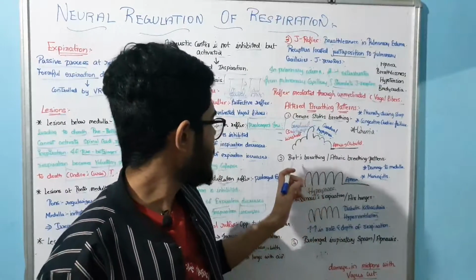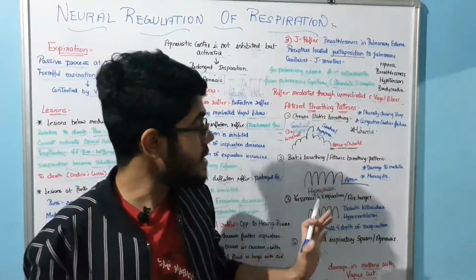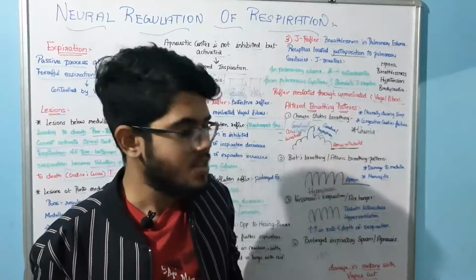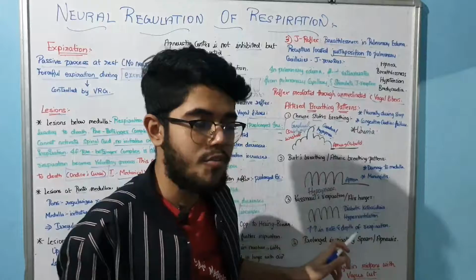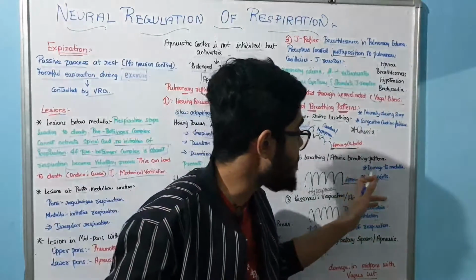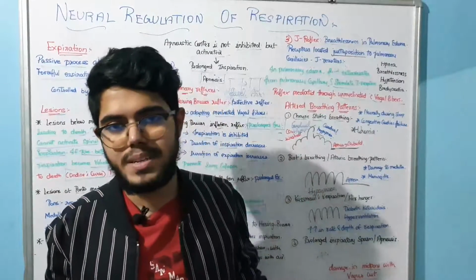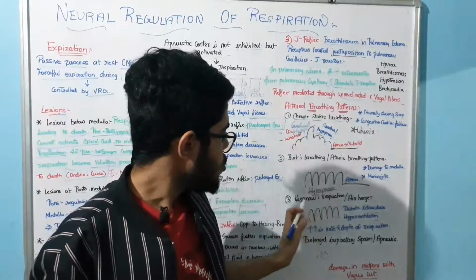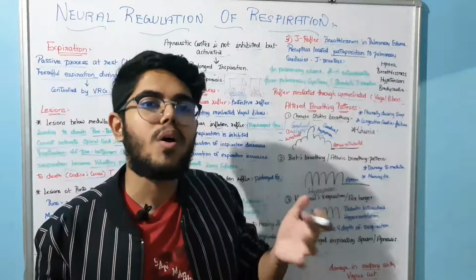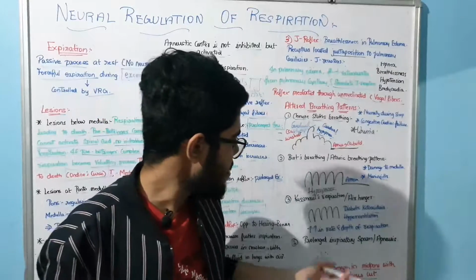Understand? Next, Biot's breathing. It is called the ataxic breathing pattern. So there is hyperpnea followed by apnea. Where will you see this? When there is damage to the medulla, or in meningitis, you can see Biot's breathing. Understand? Next, Kussmaul's breathing. Where have you heard of Kussmaul breathing? In diabetic ketoacidosis, right? Very simple.